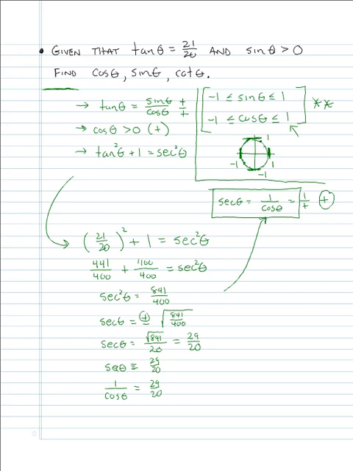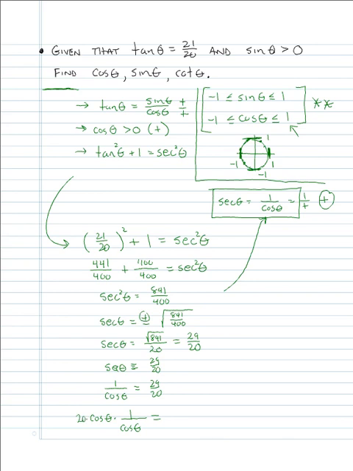Well, now what would we do about that? Here's what we would do. We'd say, okay, let's multiply both sides by cosine of theta. What we need to do is get rid of the denominators, don't we? And at the same time, we want to get rid of the denominator on the right side, so we'd have to multiply both sides by 20. So let's do that here.